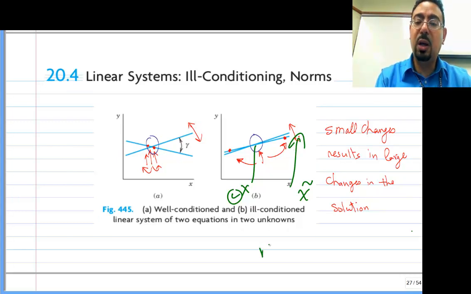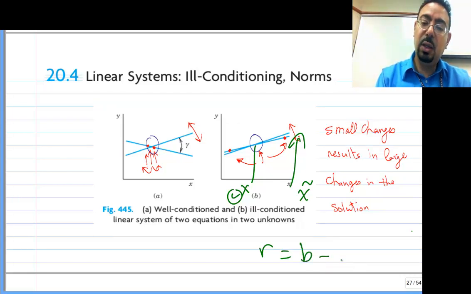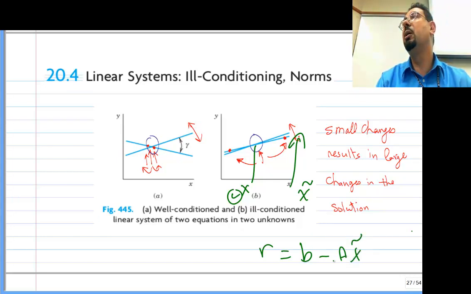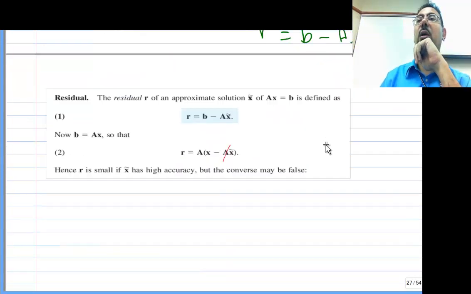When you try to come up with the R, B minus the AX wiggly thing, you will end up getting a small number. But it doesn't mean that x is a solution. It just means that the system is ill-conditioned. Right? So, we'll talk about this next time more.